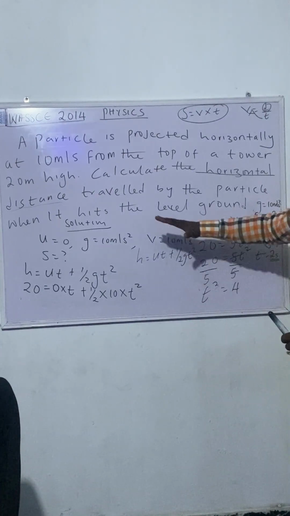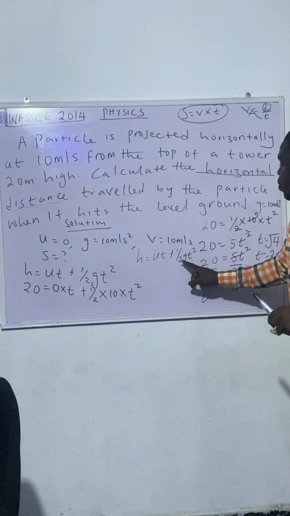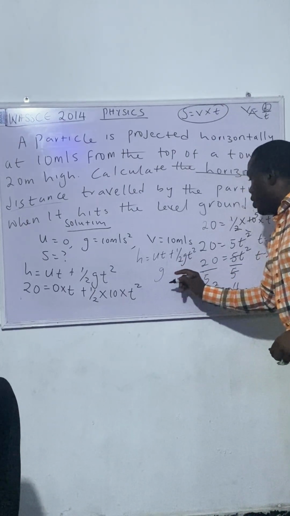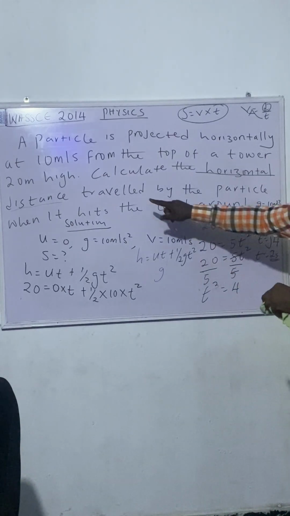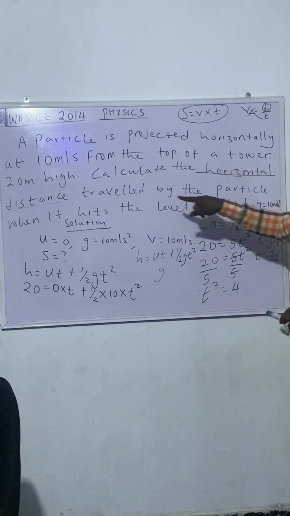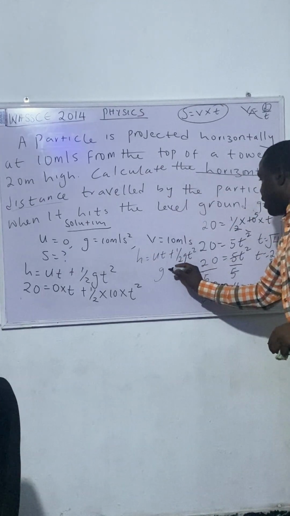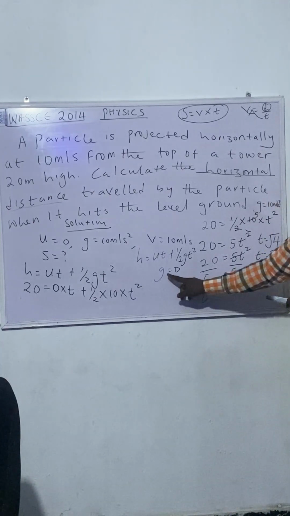Remember, at this time the object is at the ground level, and when an object is at the ground level, you're at the horizontal. Because we're talking about horizontal distance, it means that my g is 0.